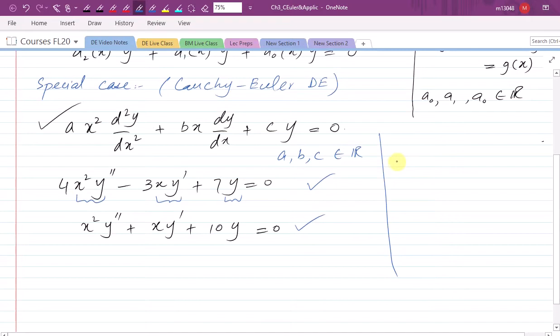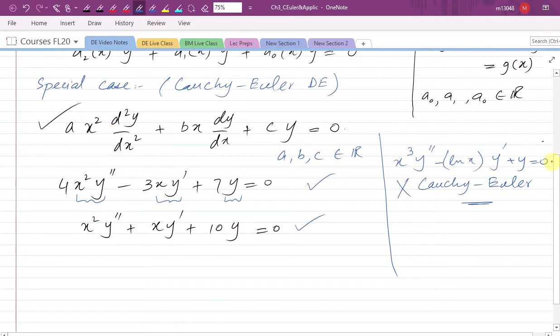We cannot solve, let's say, x cube y double prime minus log of x y prime plus y equals 0. No, we cannot solve. It is not Cauchy Euler, because first of all, x cube y double prime, we should have x square y double prime, and there is a log of x.